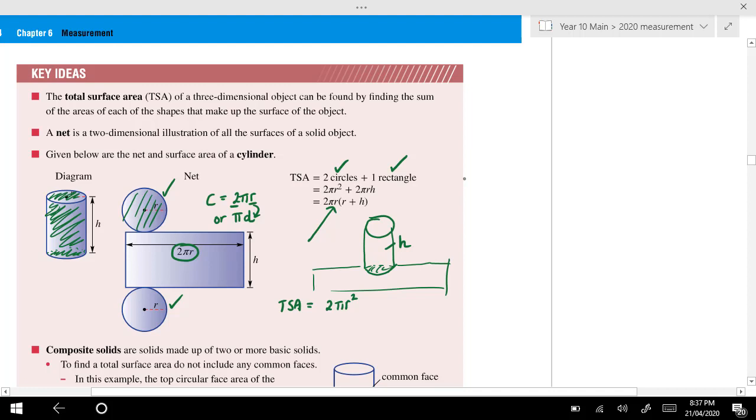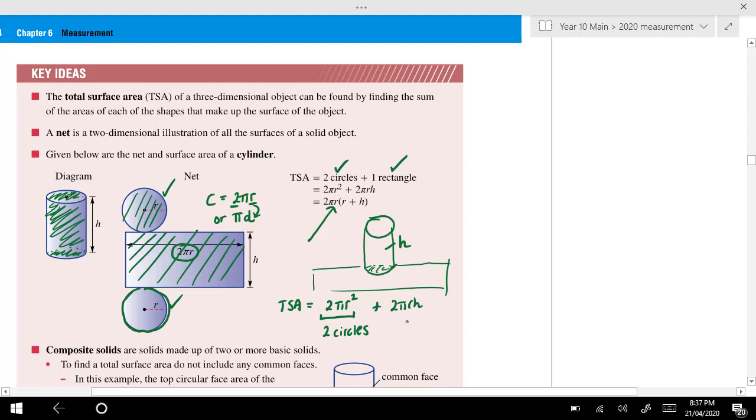So the total surface area is 2 circles of a full cylinder, plus we've got 2 pi r, which is the circumference of a circle. It's basically just the area of this rectangle. Its length is 2 pi r, which is the circumference of this circle. That distance around here is 2 pi r, and then we're going to multiply that by the height.